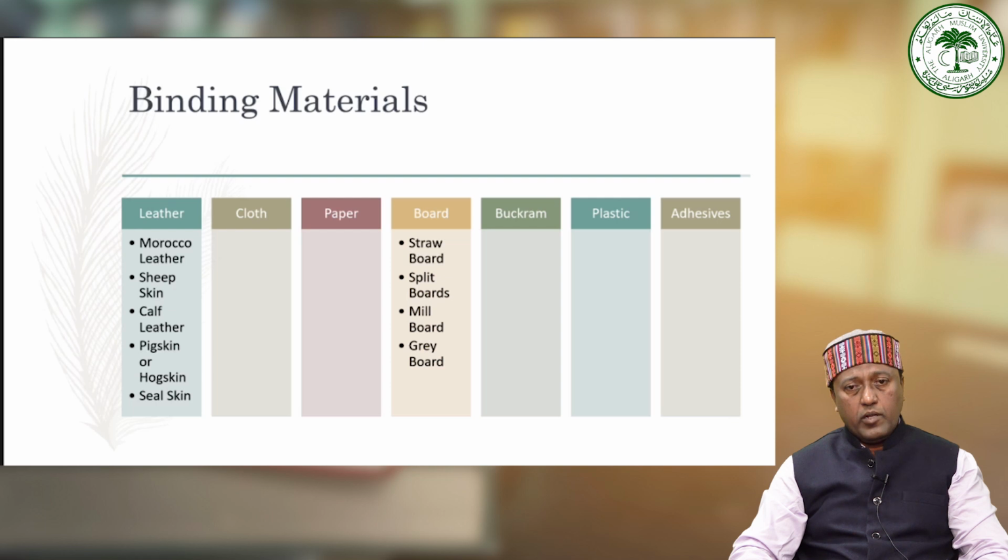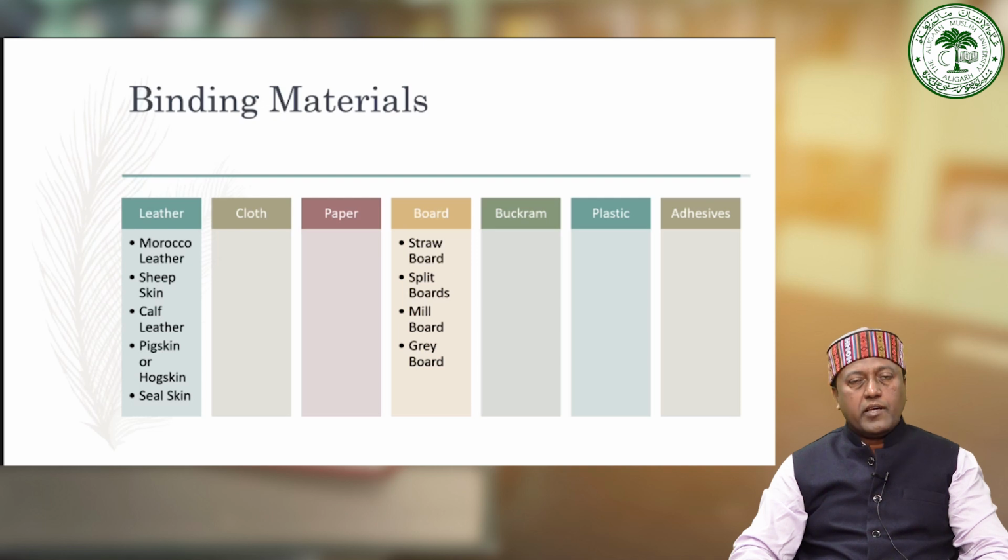That is a feature of this mill board, and the mill board is commonly used for standard books due to the durability and strength, because it has been made from the rags, hemp and ropes, so definitely it has got good strength. And when you combine these two, mill and straw, it becomes a split board. So half of the qualities of the mill board also pass into that split board.